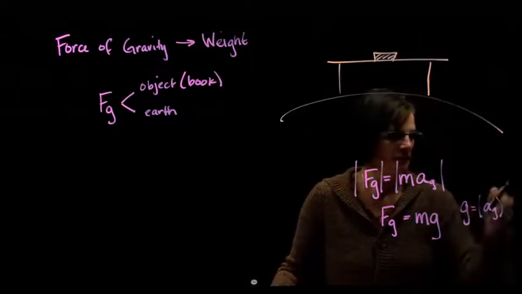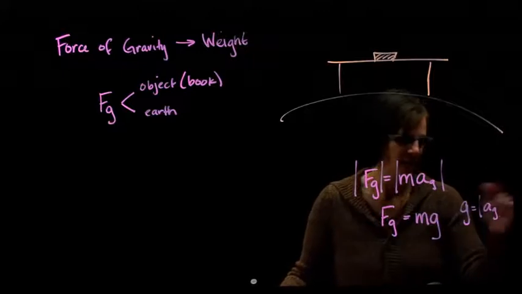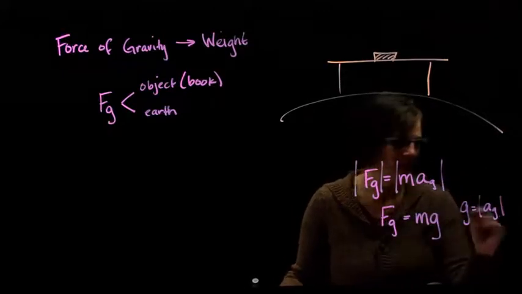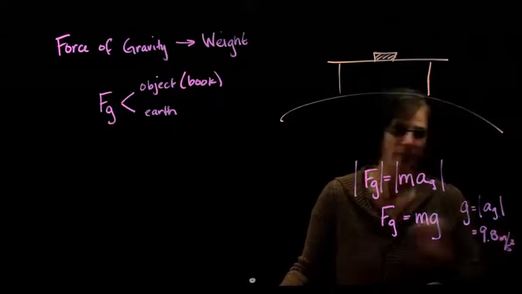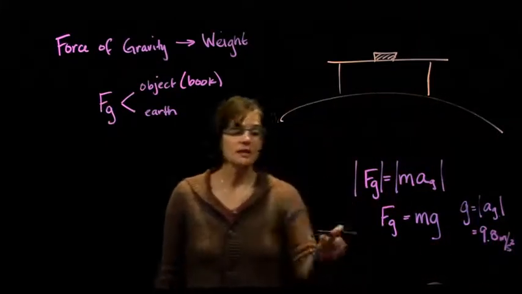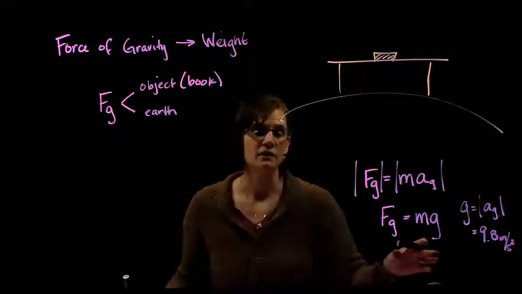The absolute value symbols on the side indicate magnitude. So g is 9.8 meters per second squared. This is often how we'll represent the force of gravity.